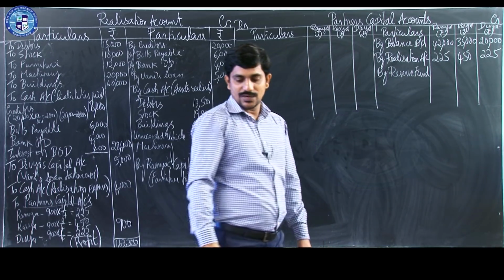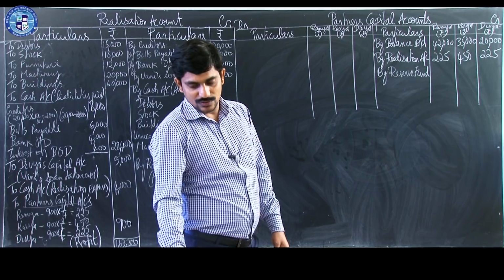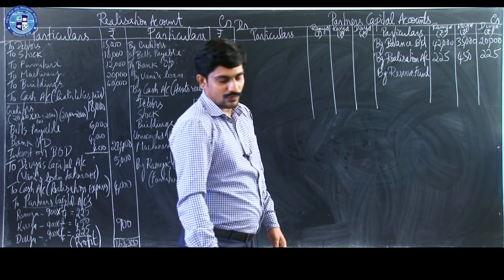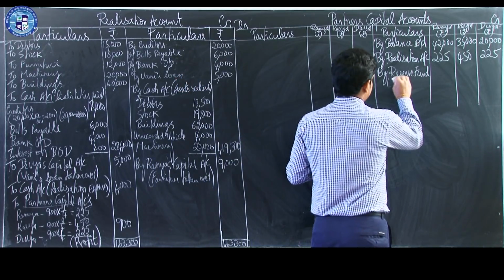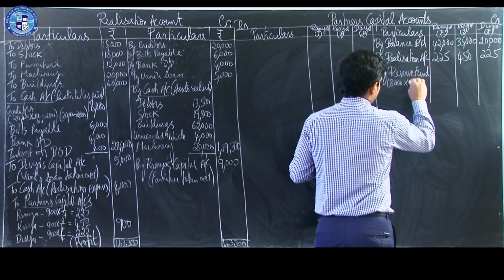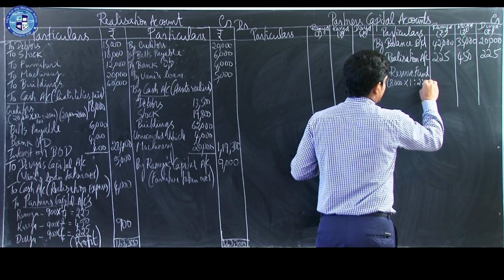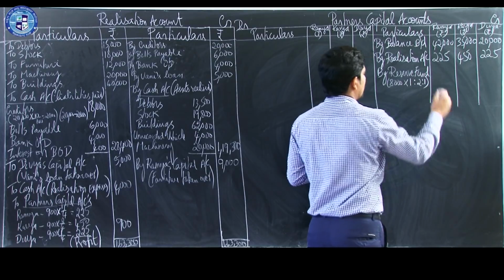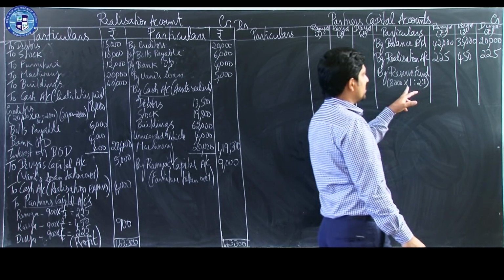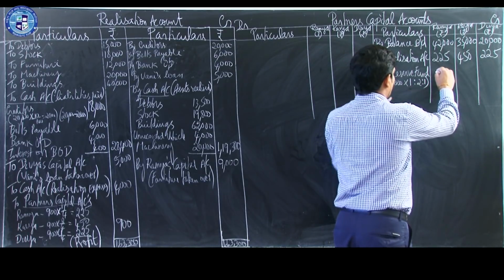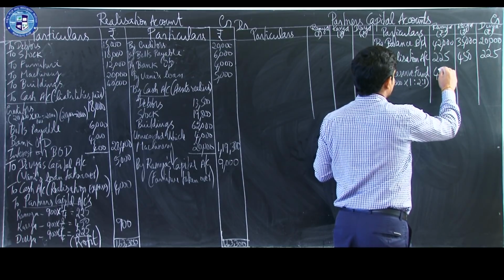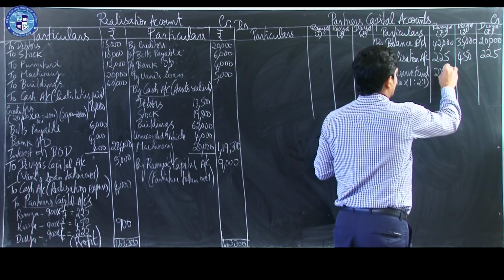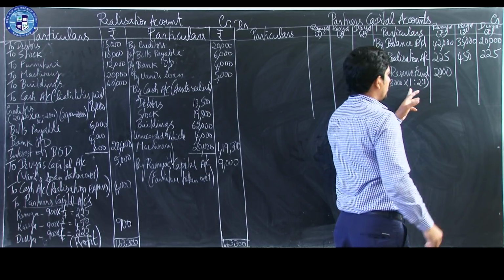Total reserve fund is how much? It is 8,000. So 1:2:1. 8,000 into first partner 1/4, 2,000.